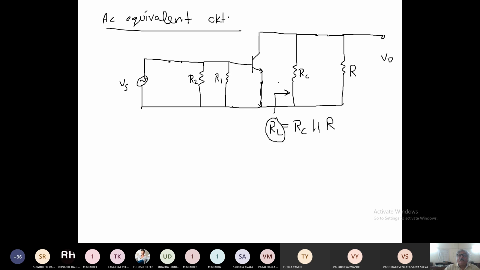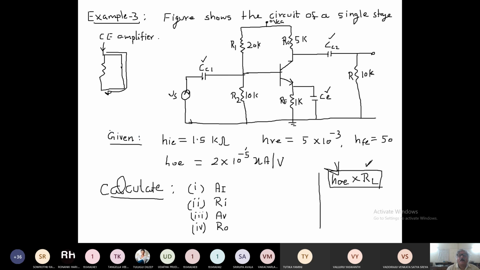Okay. Now, if we look from this place, what total load are we looking at? We are looking at a load which is RC in parallel with R. That will be our load. So I have written here RL is equal to RC parallel R. Now we already know these values.